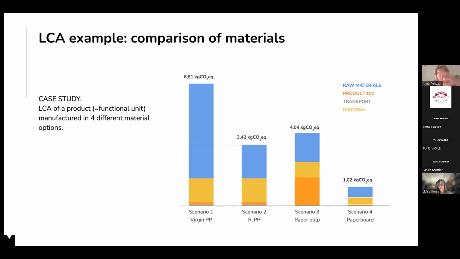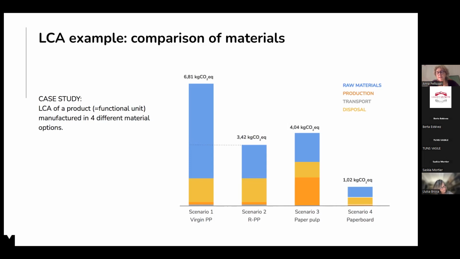Clearly, there would be the need of using a certain thickness, a certain quantity of material to give the same performances that plastic would give. When it comes to the raw material, the impact is quite low because we would talk about recycled pulp. But the impact of the production plant in terms of water, of energy, etc., would be very high, even higher than recycled polypropylene.